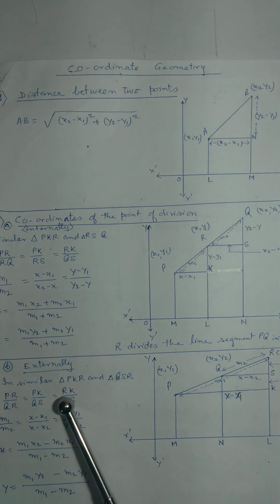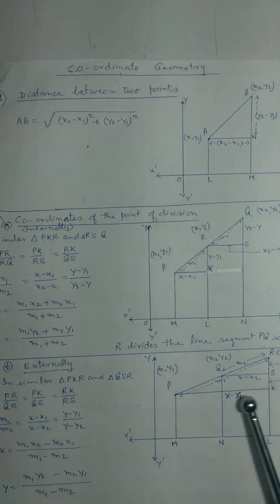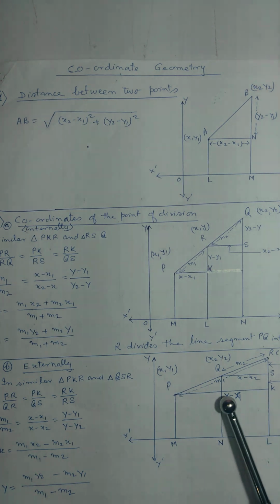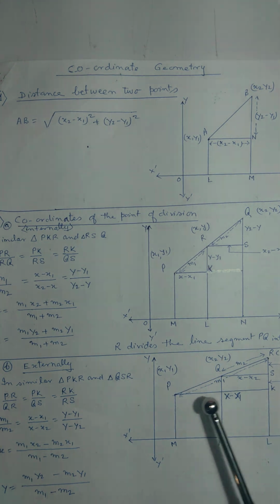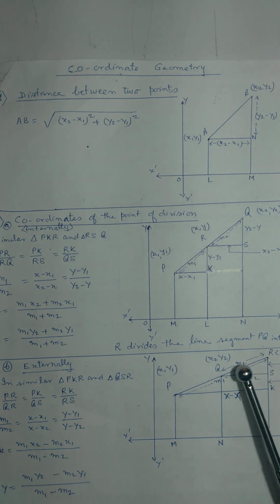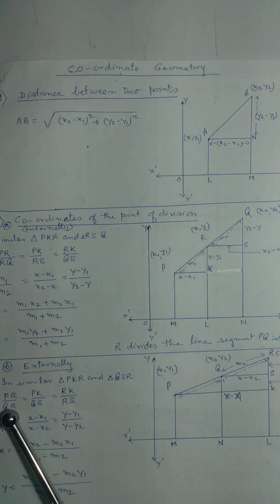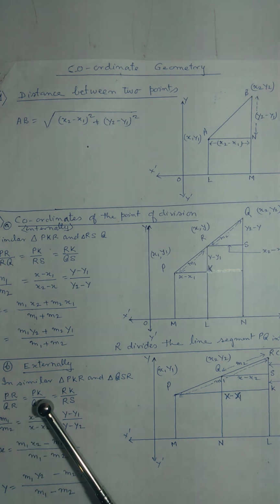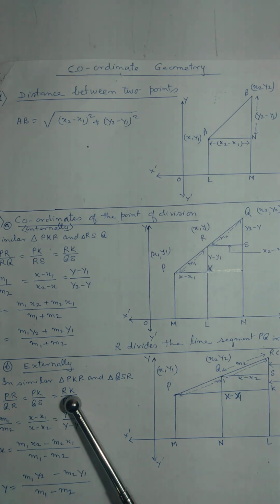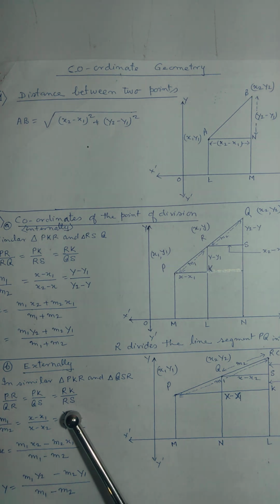You see then similar triangle PKR and the second triangle is QSR. So the corresponding sides should be proportional. So PR by QR is equal to PK by QS, equal to RK by RS.